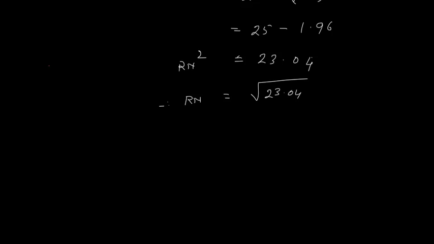So write 23.04. For the long division method I will first make pairs. From the decimal point I make pairs towards the left, and for the decimal digits I make pairs towards the right. So this is 23.